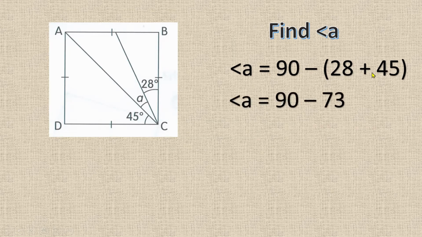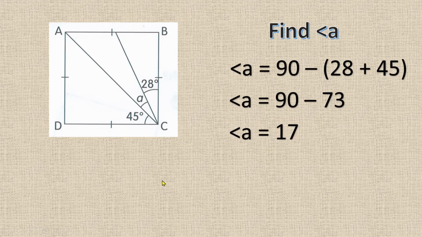Then 28 plus 45 is 73. So we're going to subtract this from 90 degrees. 90 minus 73 degrees will be equal to 17 degrees. Therefore, angle A is 17 degrees.